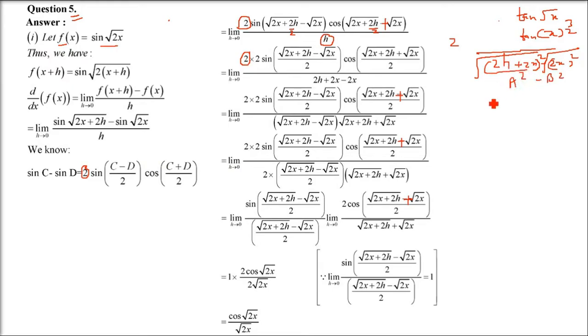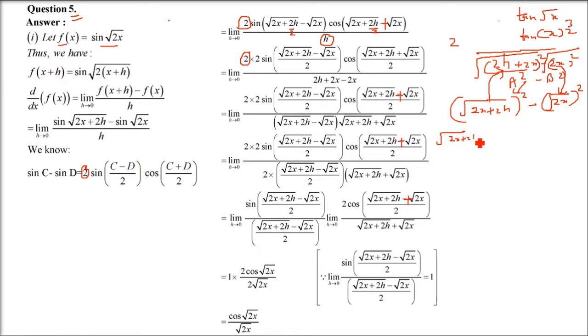So a is root of 2x plus 2h and b is root of 2x. If you square it, it will be 2x plus 2h, and root 2x whole square is 2x. And 2x plus 2h minus 2x is 2h. Because the numerator has 2 already, it will be h.